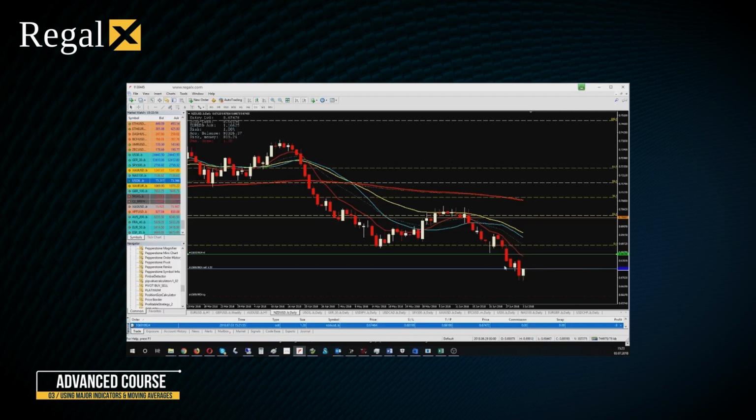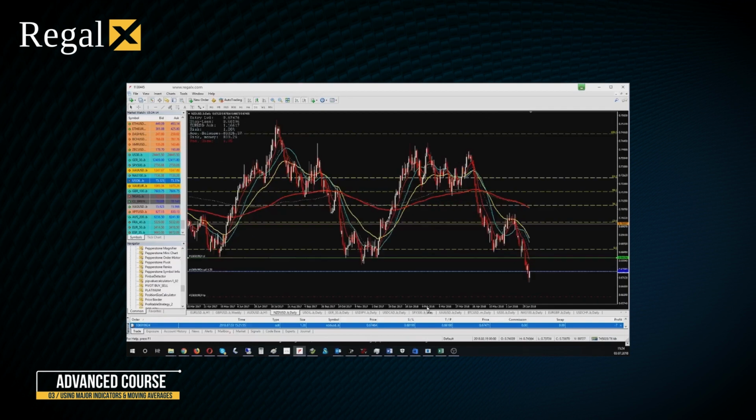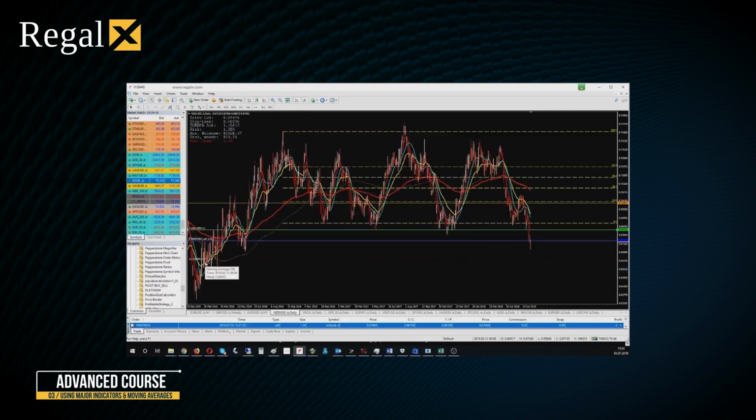You think about the trade idea. My trade idea is a continuation of that move to the downside because of a strong dollar. I will put my stop loss slightly above the last high here so I don't get stopped prematurely, and I take my take profit at the next support line down here.